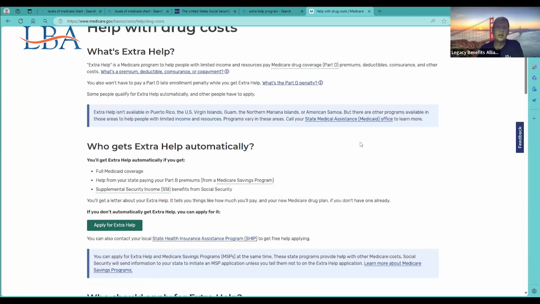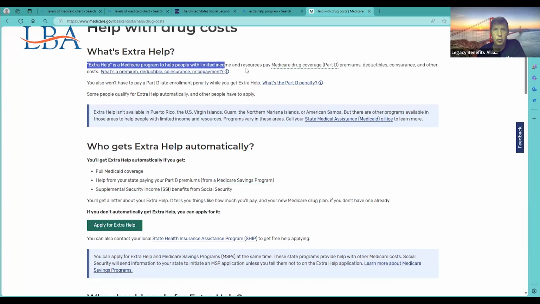Okay, so who gets extra help? If you go into it, it'll tell you what the different dollar figures are and all that fun stuff. But you see right up top here, what is extra help?